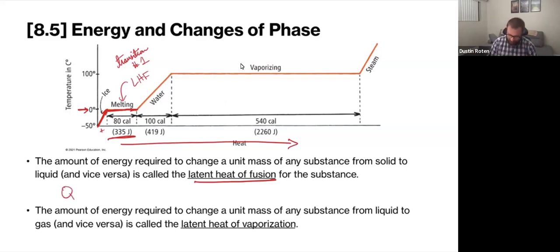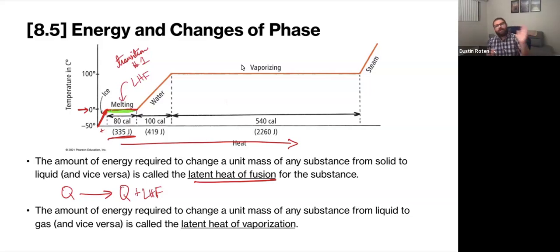But then when I get to this transition, I have to add more energy, plus I have to give energy to get through this phase transition. So I have to add the latent heat of fusion energy, right? And that's going to get me through this right here.